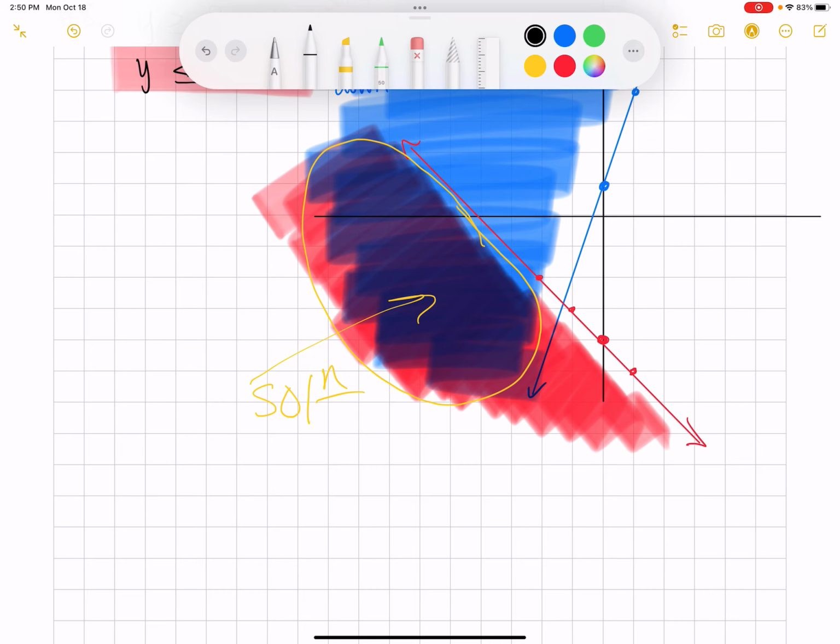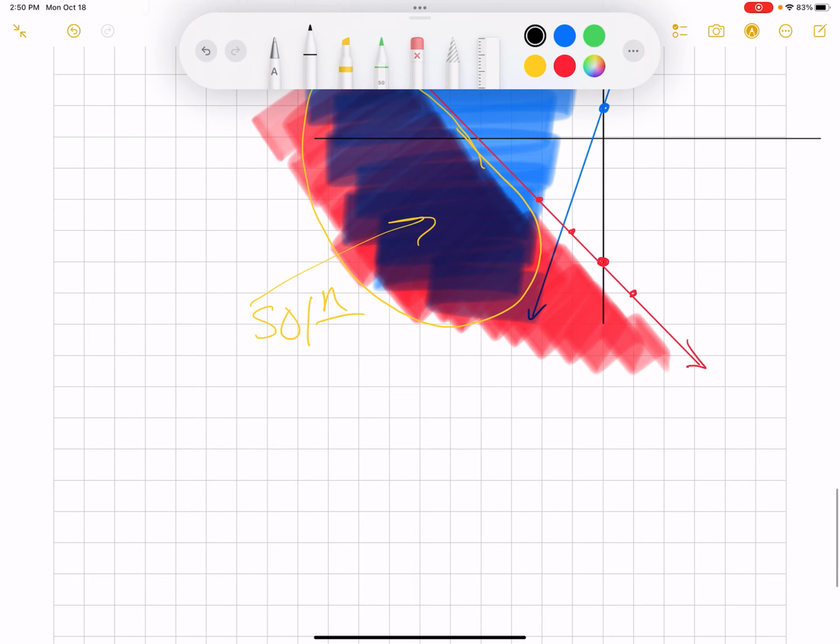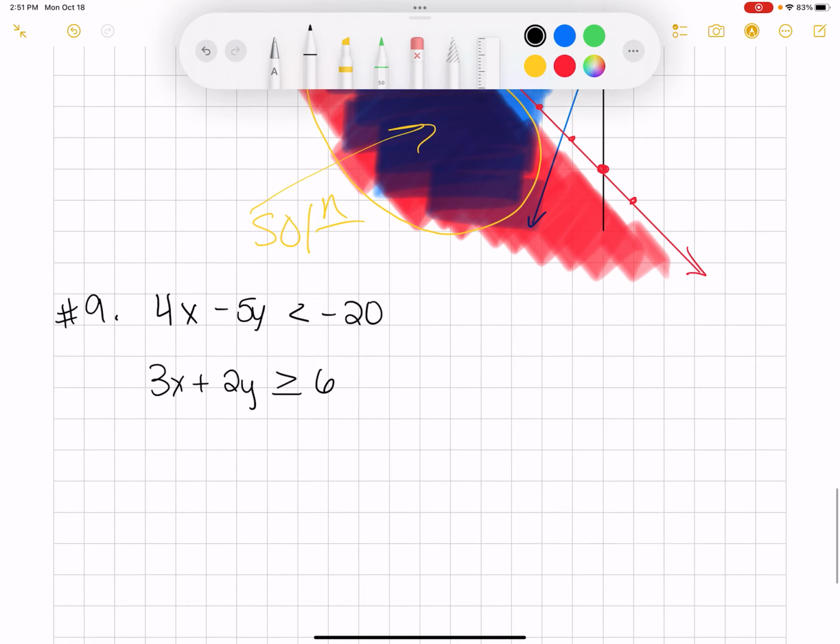All right, so number 9. 4x minus 5y is less than -20, and 3x plus 2y is greater than or equal to 6. All right, so I need to do a couple things here. These are not yet ready to graph.